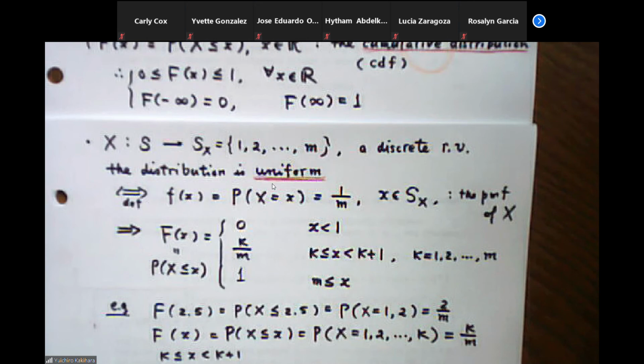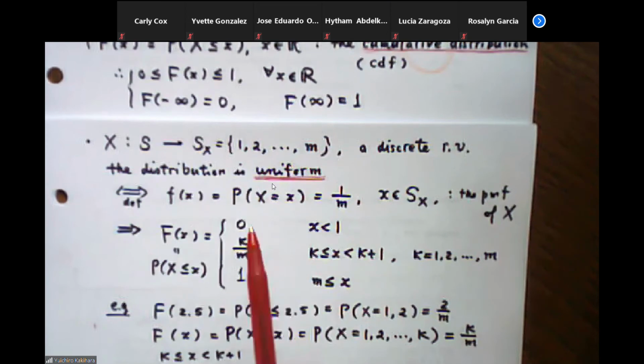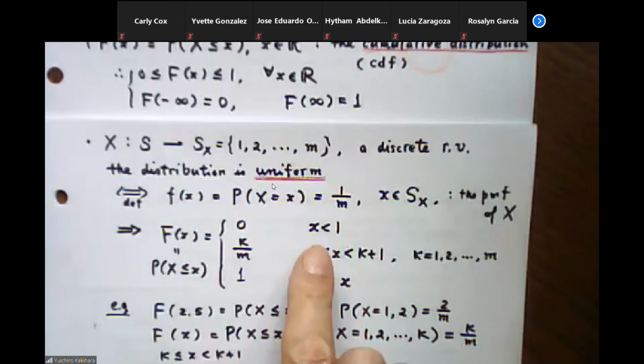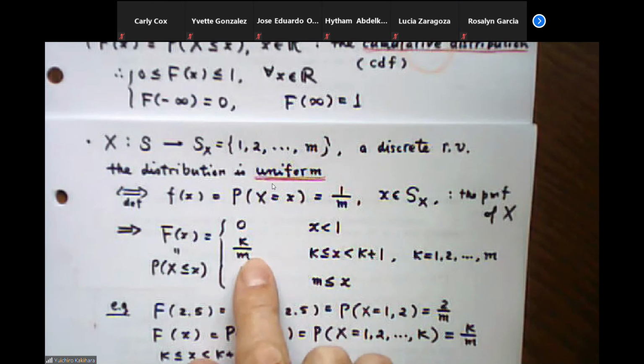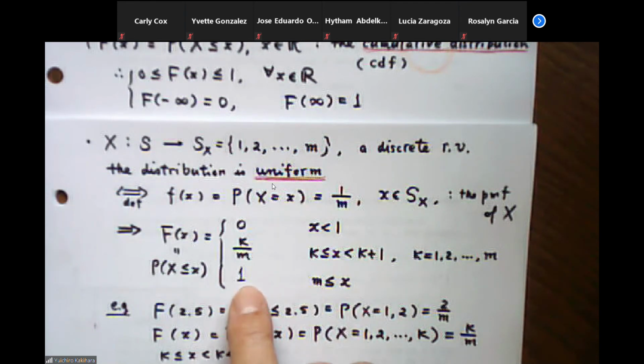In the uniform distribution case, the probability mass function is constant for any x, always the same number. In this case, we get the cumulative distribution function as this: 0 up to 1, then some number between k and k plus 1, and after m, it is always 1.